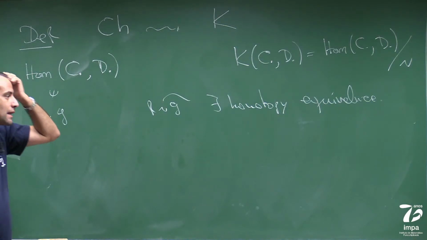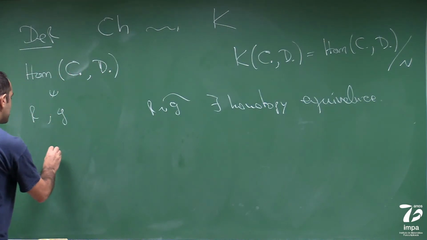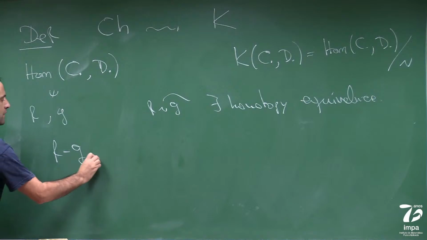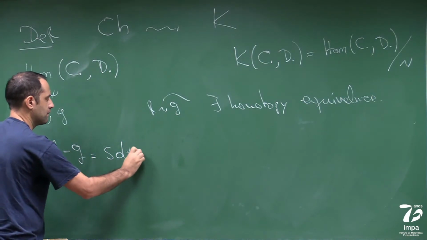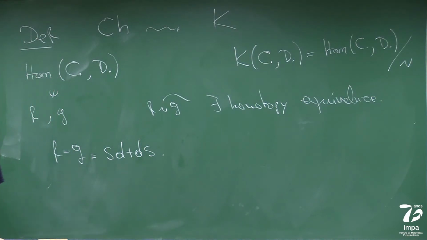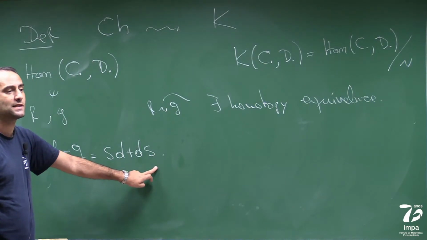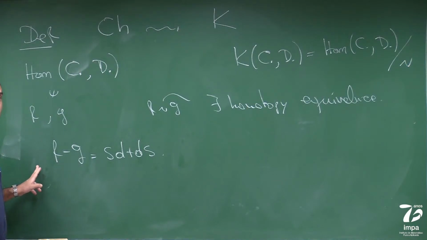Remember what the equivalence relation is: f minus g is equal to sd plus ds, and that this thing exists. It's clear that if f is equivalent to g, then g is equivalent to f. Just shift s to minus s, and this thing happens.